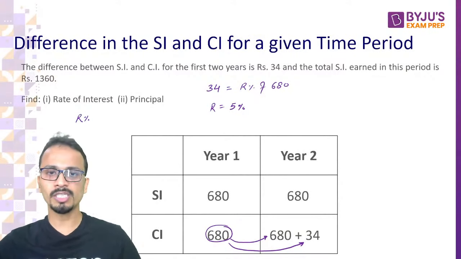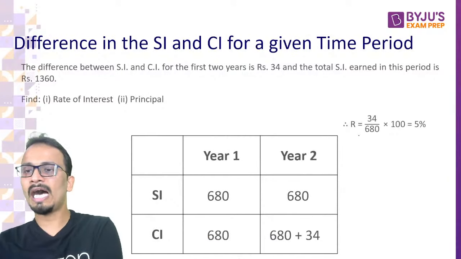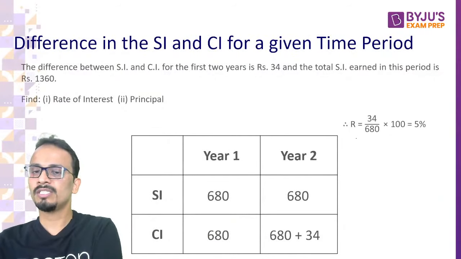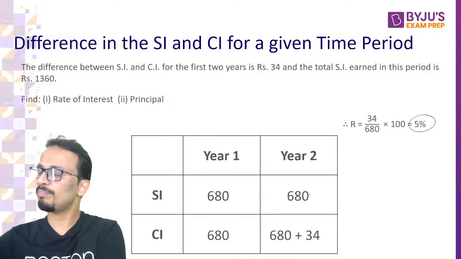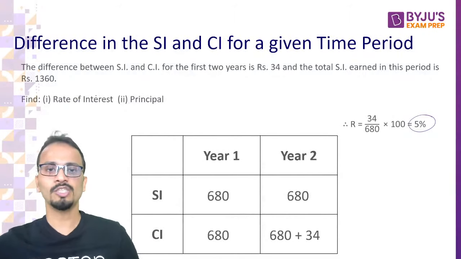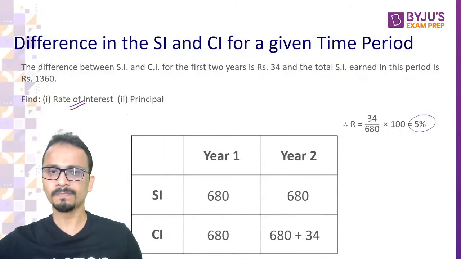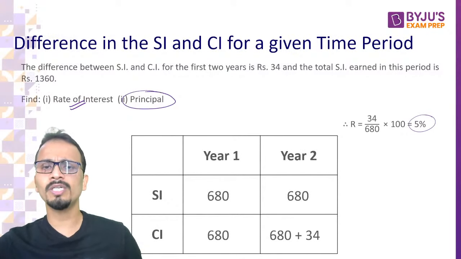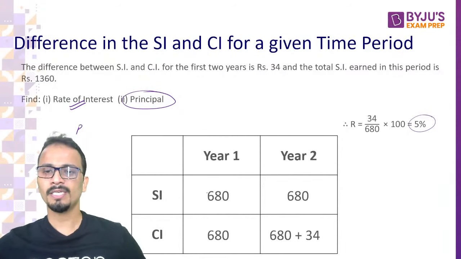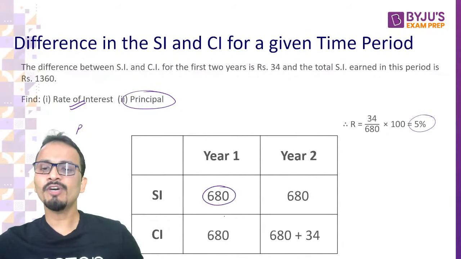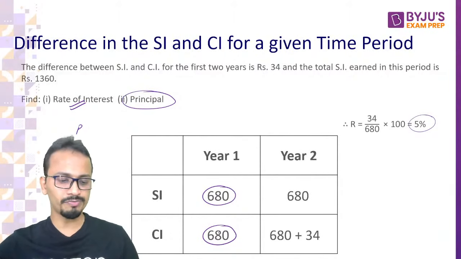All right. So this is the first step that we have done. R percent of 680 is 34, so the value of R will come out to be 5%. So one thing is over. We have calculated the value of rate of interest. Now let's move towards principal. So let's say principal is P. Now you can consider any one of these two, simple interest or compound interest of the first year.